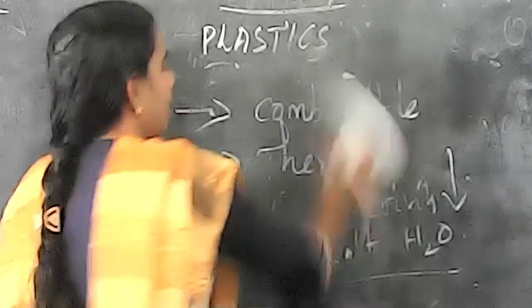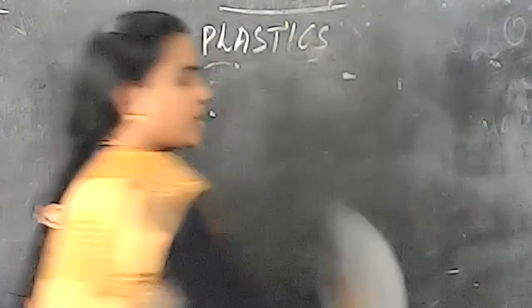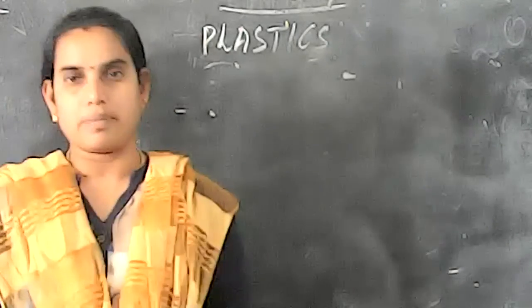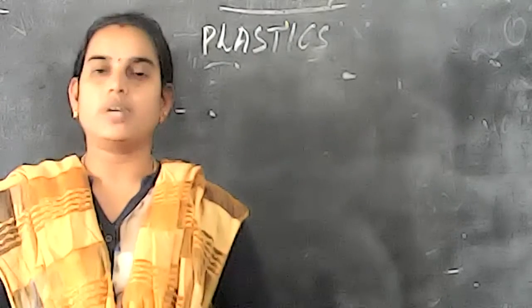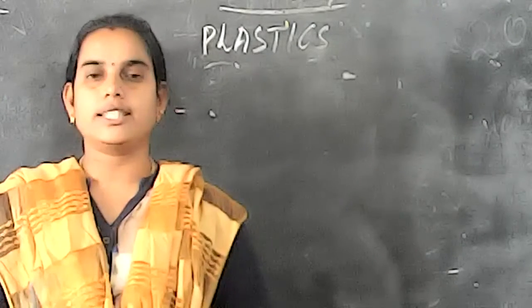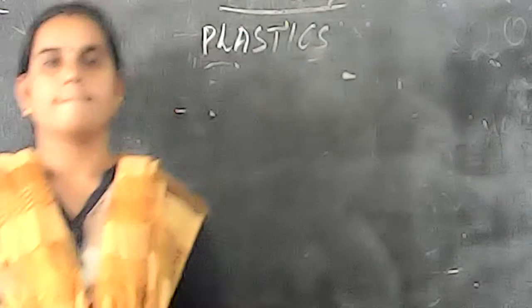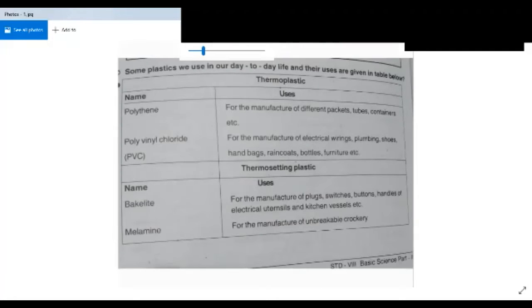Let me see what the situations are in which we are using plastic materials, based on their characteristics. Look at this table. The first table consists of some plastic materials and their situations.